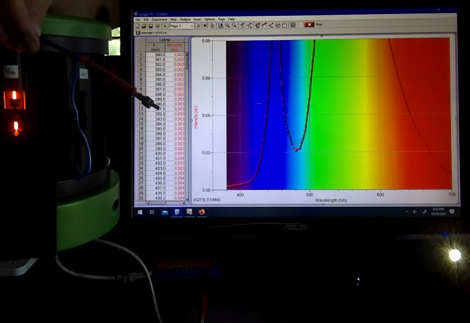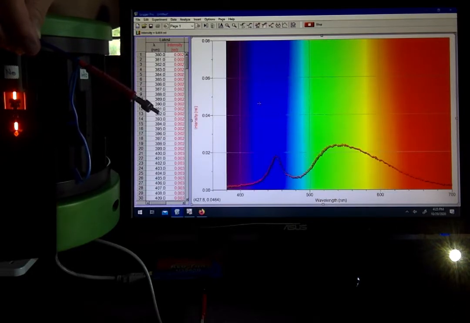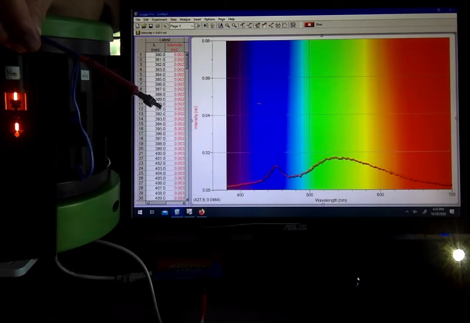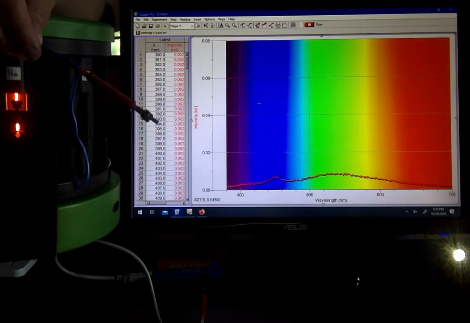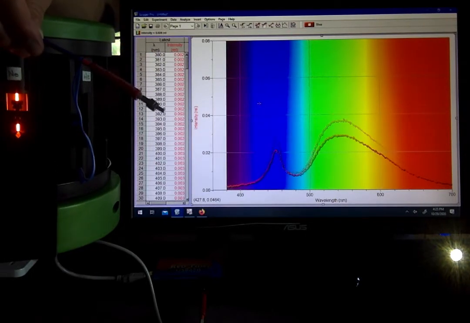If you take a look at the white light of my phone, you can see that it too is a pretty continuous spectrum. There are a couple of humps, but there is no line in there anywhere. So this light from my phone is a pretty good source of what we would consider to be white light. And if you take a look at the light, it does look rather white. All right, so that's pretty interesting.